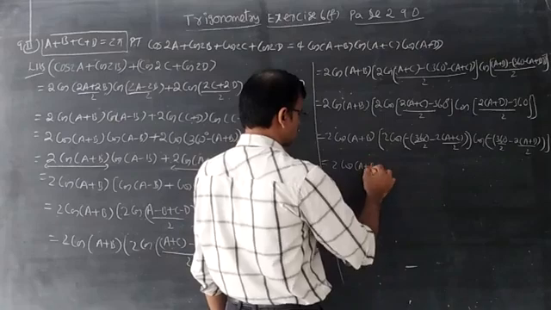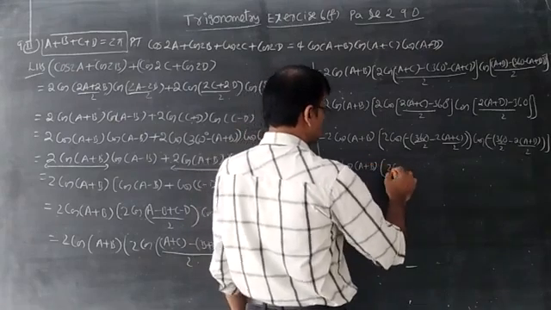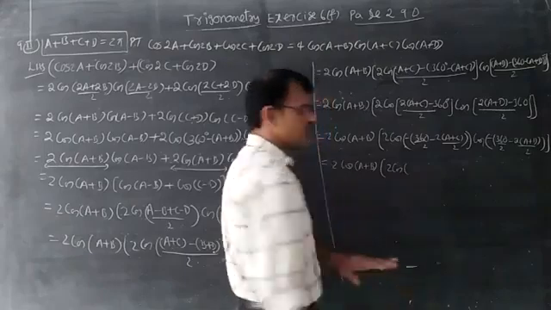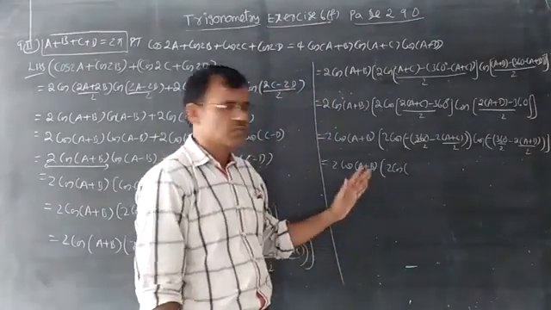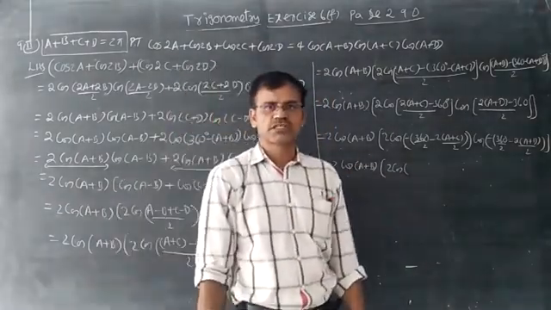2 cos of a plus b into, this can be understood as 2 cos of, there is no negative for cos because cos of minus theta is cos theta.